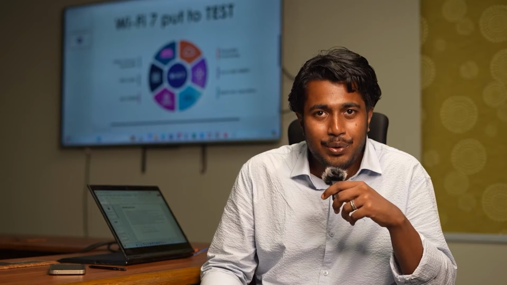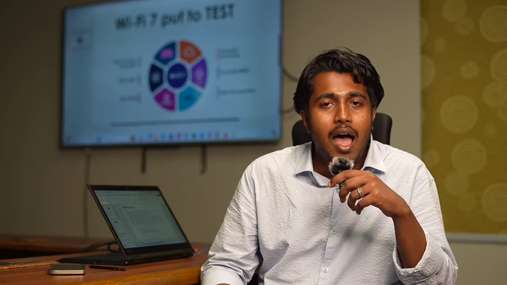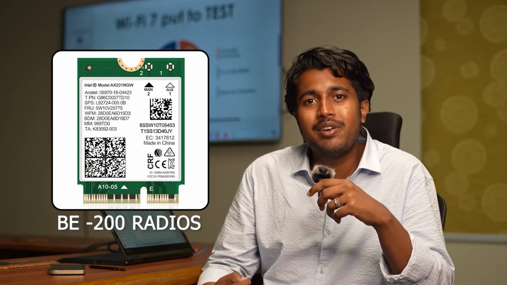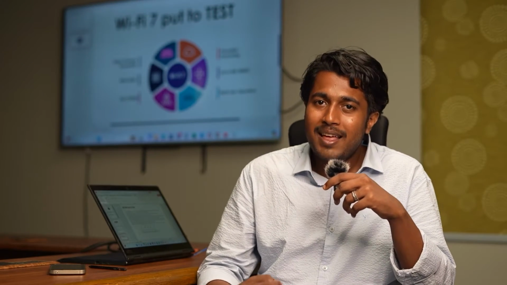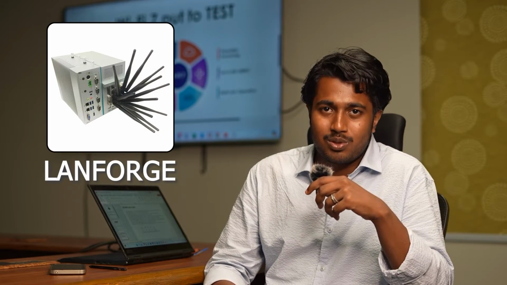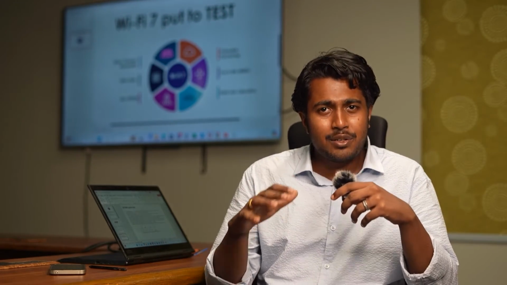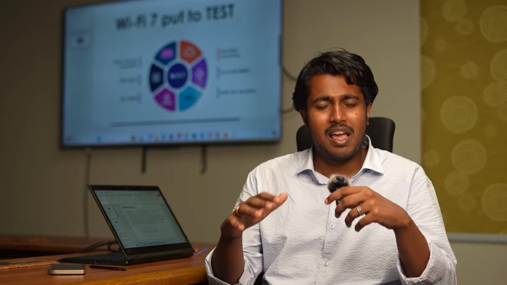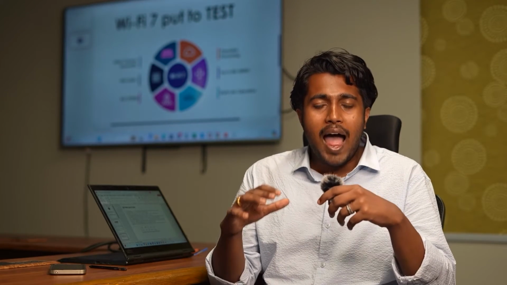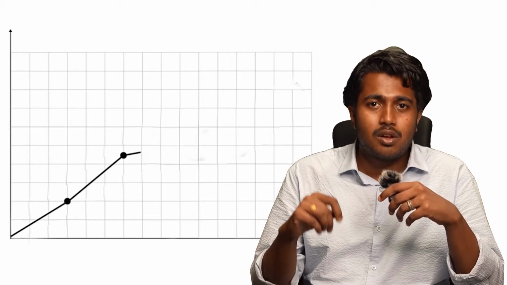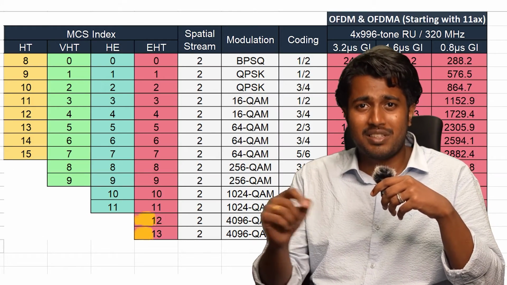To test this scenario, I have used a Wi-Fi 7 access point from TP-Link, which is available in the market for purchase. As a client, I have used BE200 radios and installed them in my traffic generator called LANforge. So I have done a standalone setup which consists of radios that can operate on Wi-Fi 7 along with the access point. I am going to run a peak throughput test which involves 4K QAM, which gives us MCS 12 and 13.